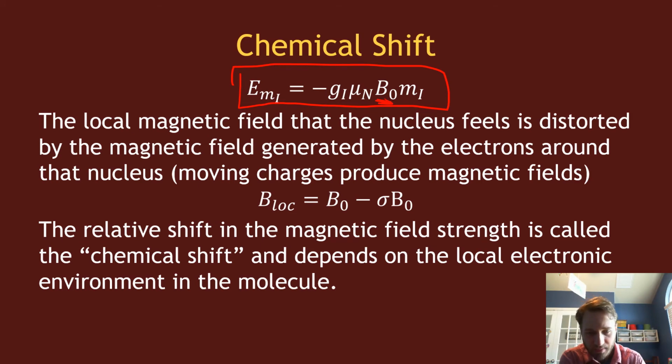But the magnetic field that's actually felt by the nucleus is going to be different than the external magnetic field, because that magnetic field has to go through the electrons before it can reach the nucleus.